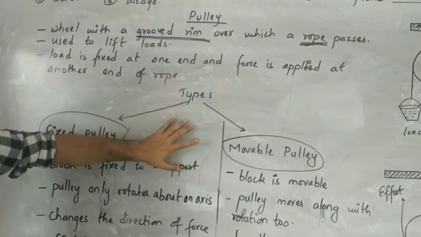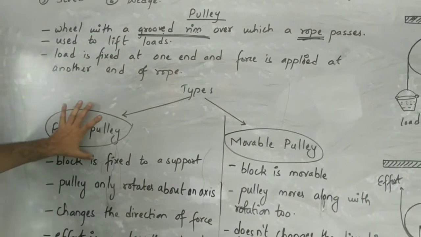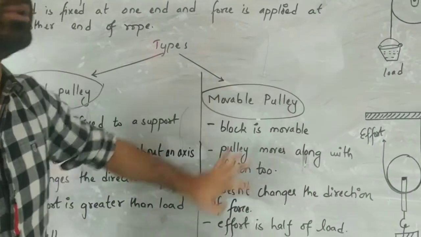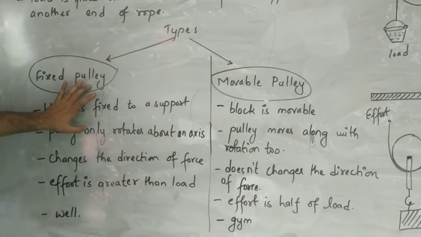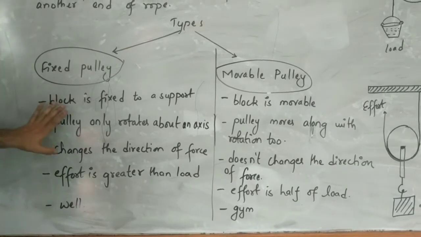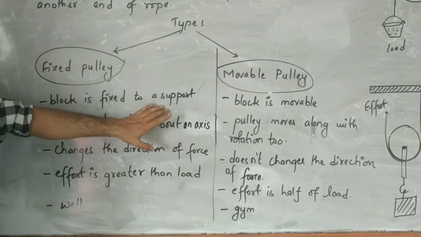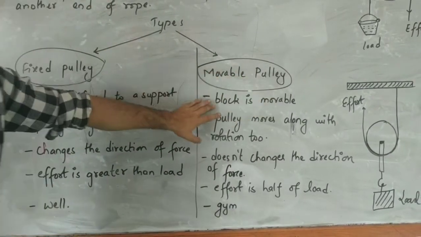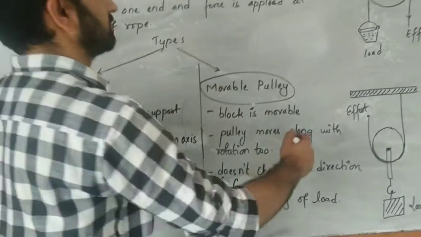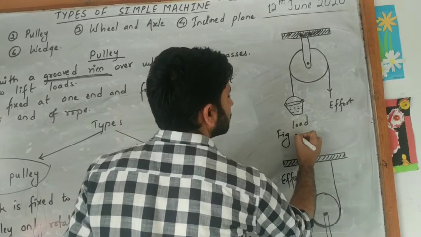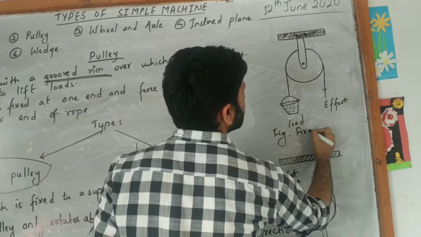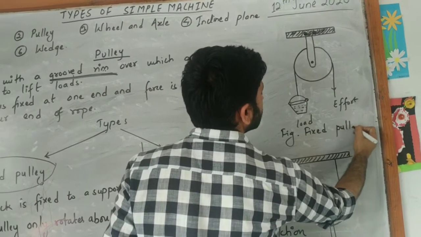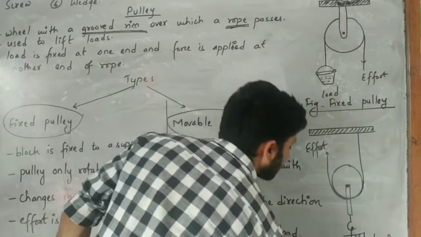Now, there are different types of pulleys. The first one is the fixed pulley and the second one is the movable pulley. Now the fixed pulley means the pulley block is fixed to a support, whereas in a movable pulley the block is movable. Figure: this is the fixed pulley in both systems here.